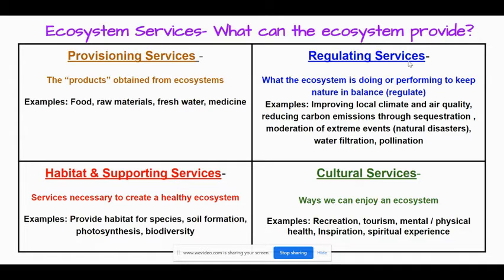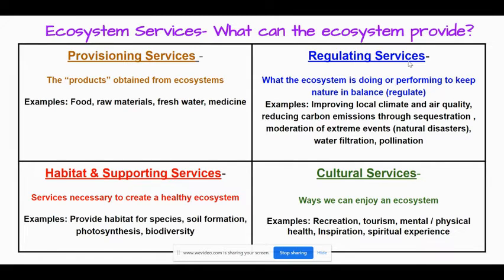There is fresh water, there are medicines. If we want to think about a native ecosystem, not a farm, a natural ecosystem, let's pick one, like maybe the Amazon rainforest, we would think about what kinds of food we could get from the plants growing in that ecosystem, the raw materials, and the fact that we can get fresh water. And yes, we find lots of our medicines in nature.